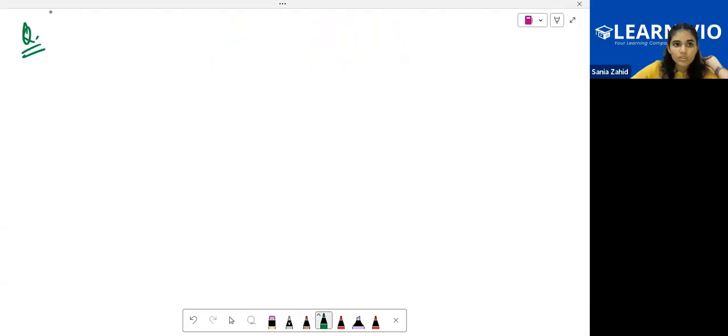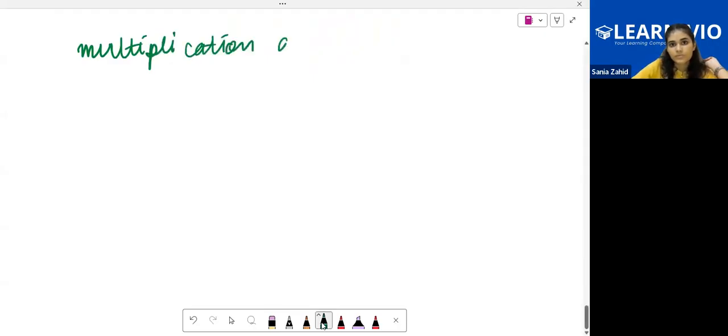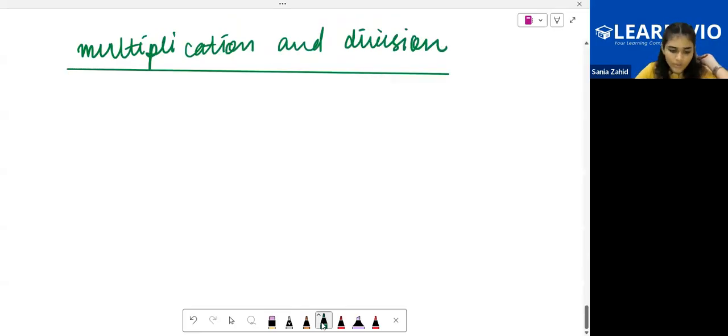Now we come to the second part of the chapter, which is multiplication and division properties. Now, first of all, we will study a little bit about multiplication.